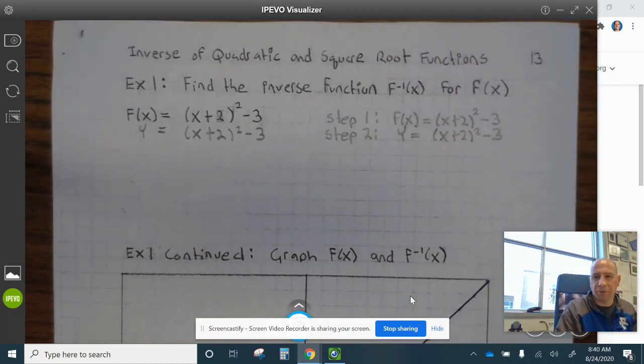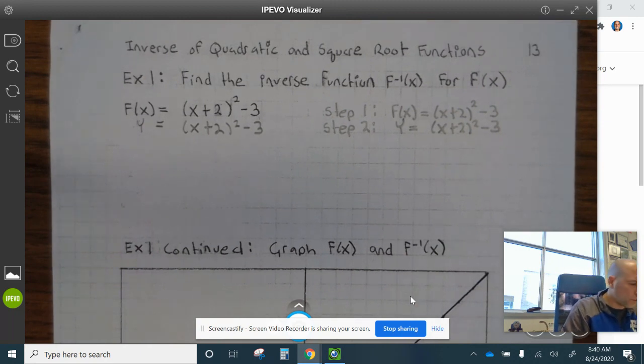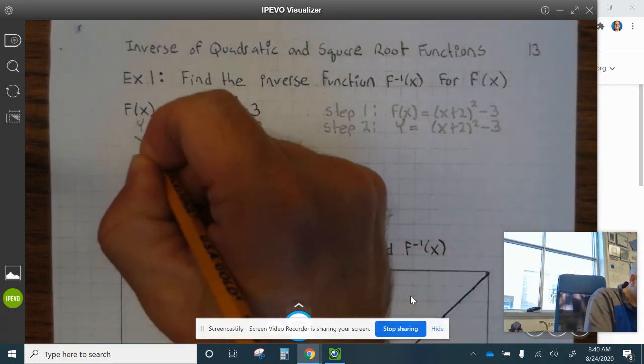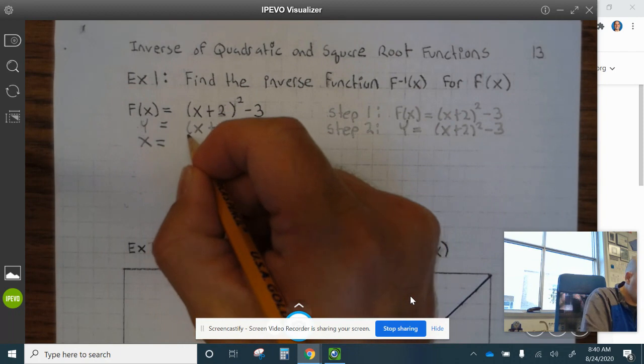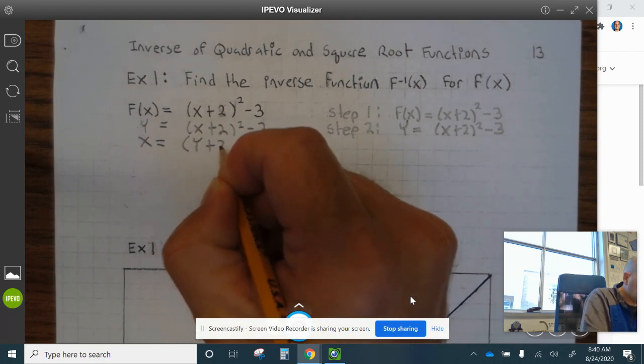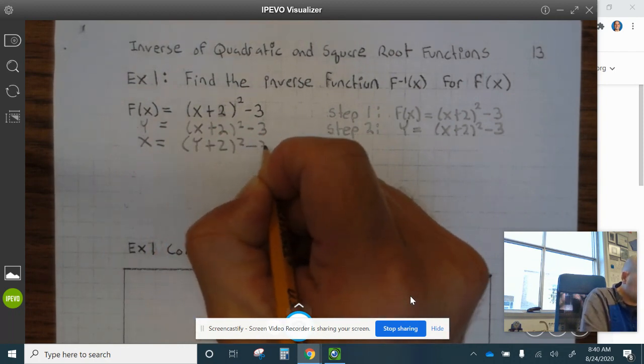Okay, step 3, because we're doing an inverse, we're going to switch x and y. So x equals (y + 2) squared minus 3.